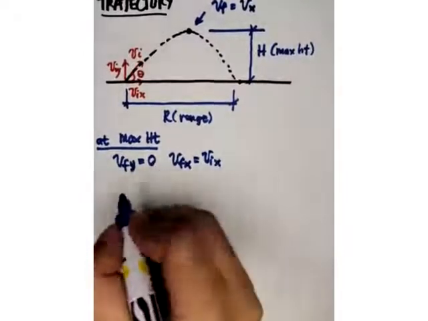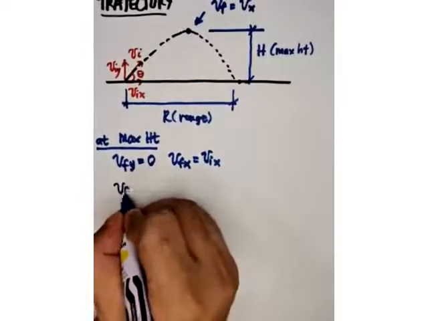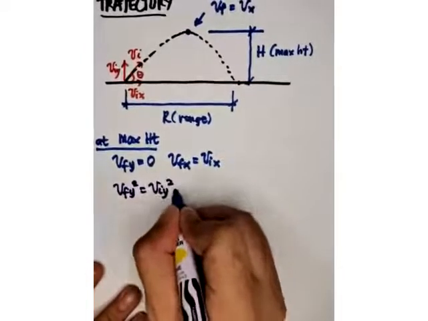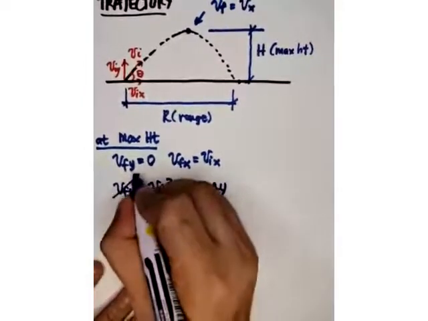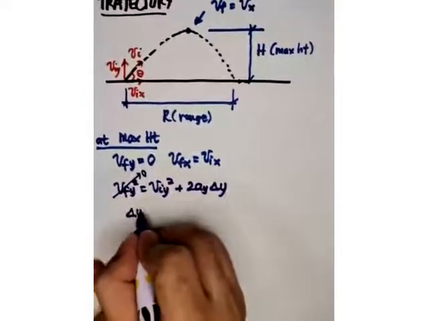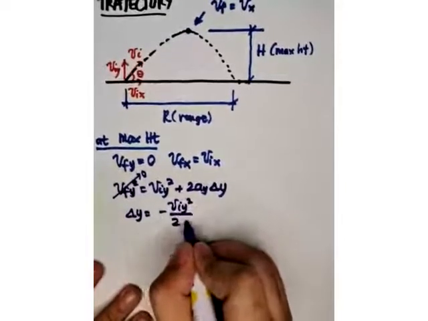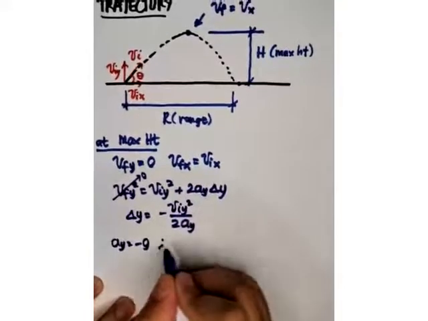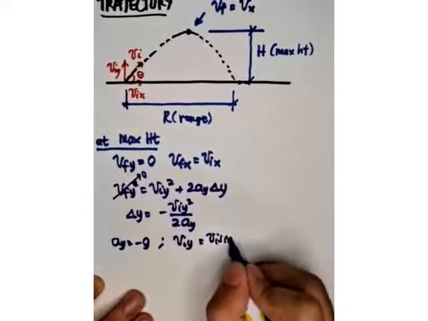Ayan. So let's compute for the maximum height. Therefore, ang V final y squared is V initial y squared plus 2 ay delta y. But V final is 0. So delta y is equal to negative VIy squared over 2ay. But ay is equal to negative g and VIy is equal to VI sine theta.